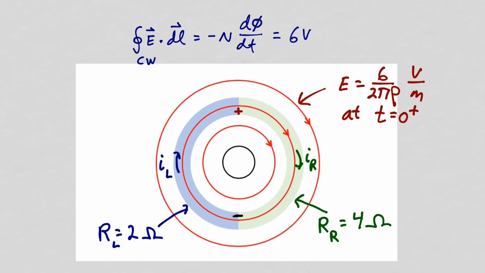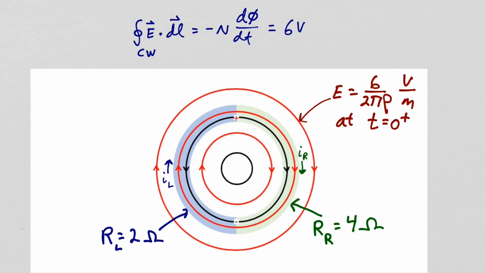In the left half ring, the electric field intensity coming from the positive charges and terminating on the negative charges will be in the opposite direction of the electric field intensity coming from the changing magnetic flux in the solenoid. So the electric field intensity in the left half ring will be reduced as the charges build up at the boundaries.